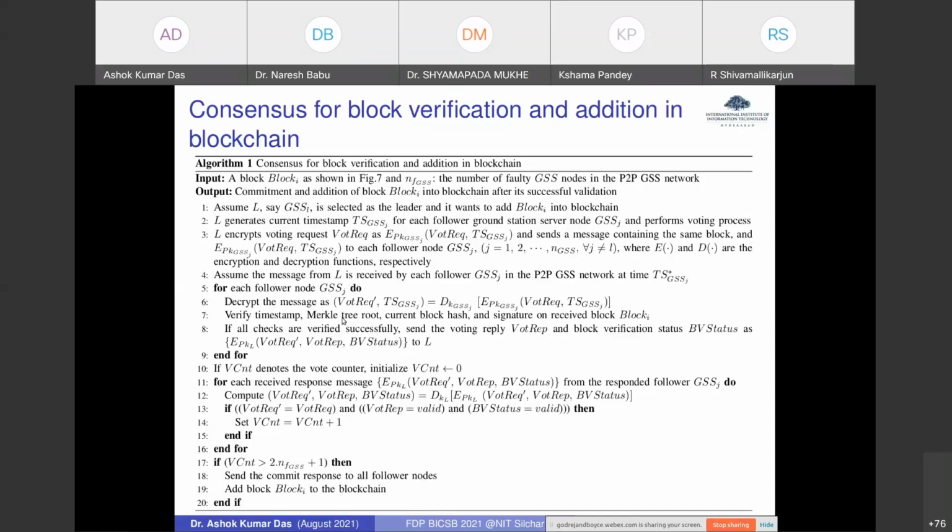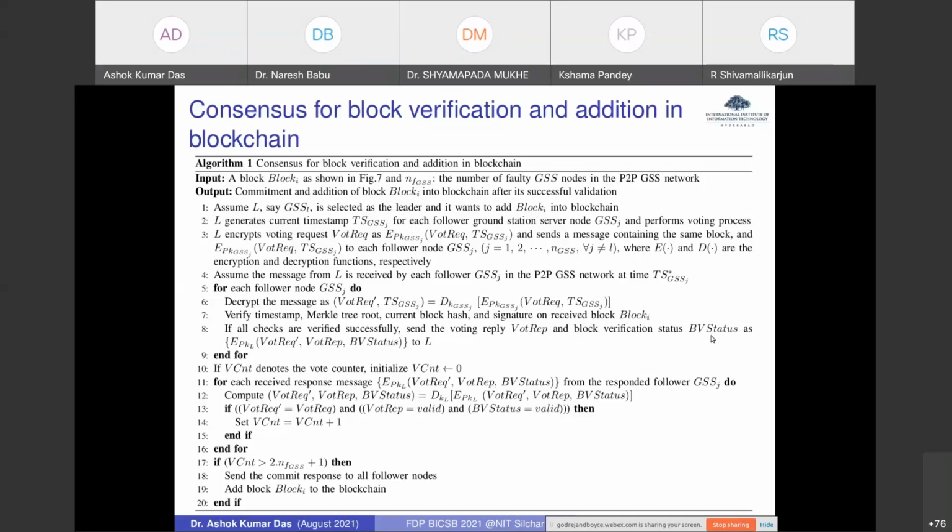If the timestamp is valid, then replay attack protection is fine. Then it will verify the membership, current blockchain, and signature on the received block I. Once all the verifications are done successfully, the follower node will prepare a voting reply message and a block verification status, BB status.